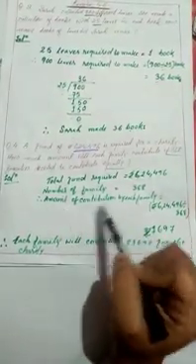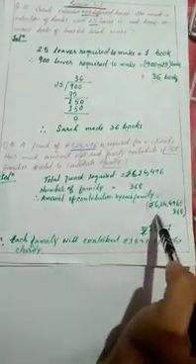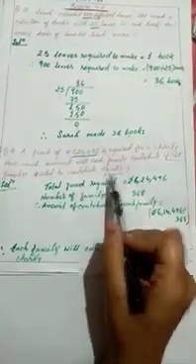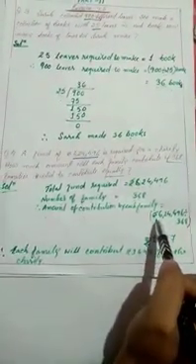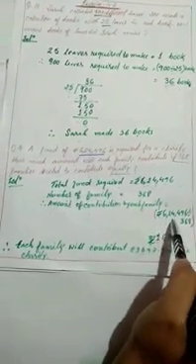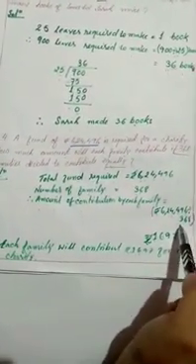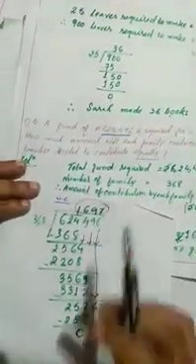Therefore, for the amount of contribution by each family, as it is said equally in our question, we have to divide. So there will be 6,24,496 divided by 368, and I will show the division work here, and you have to show it in your copy.